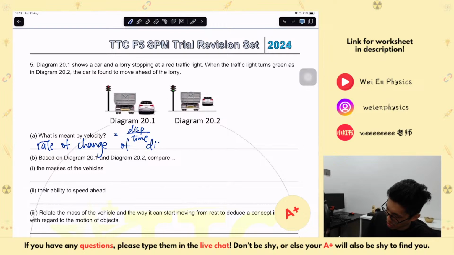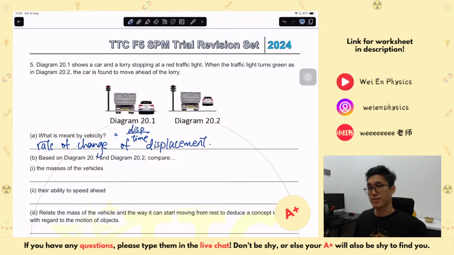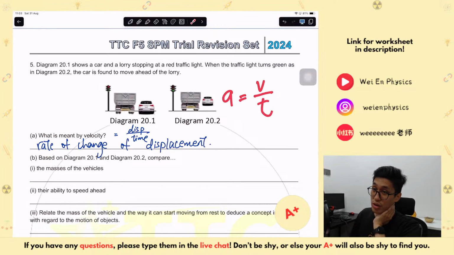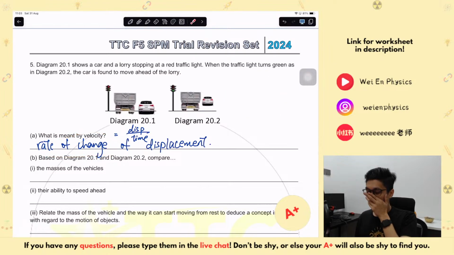Rate of change of displacement. Very easy. If they ask you, what is meant by acceleration? Acceleration is velocity over time. So, rate of change of velocity. Just like that.